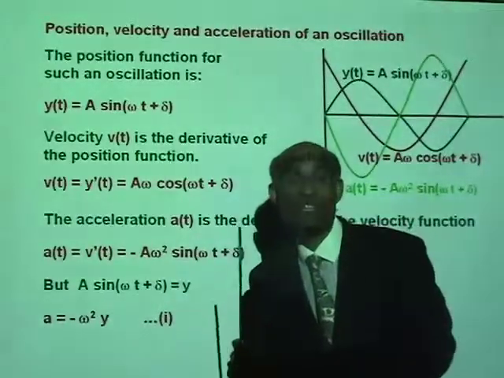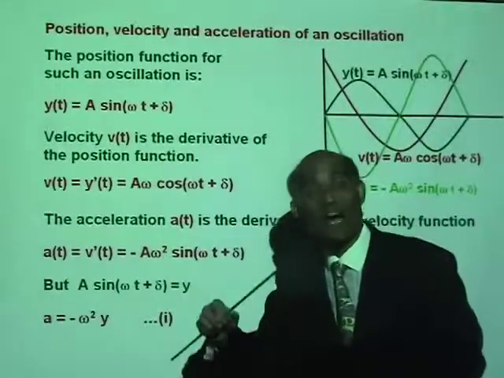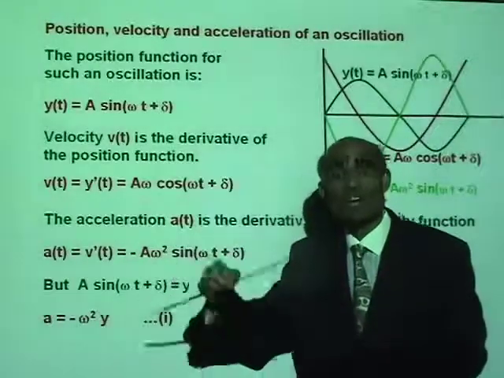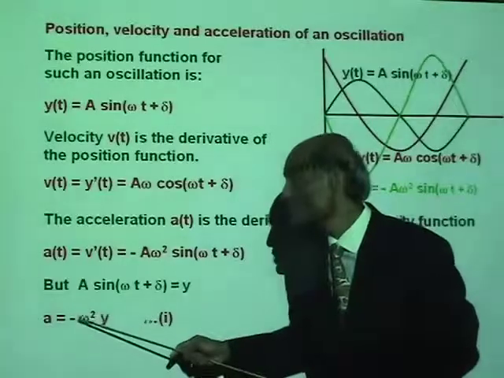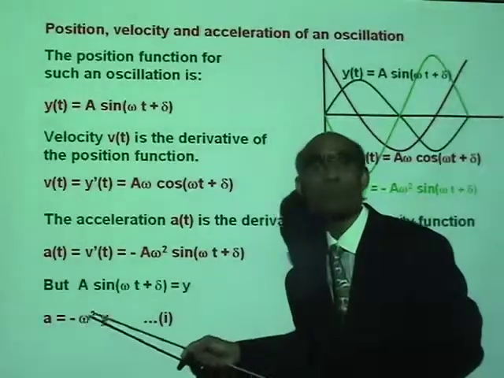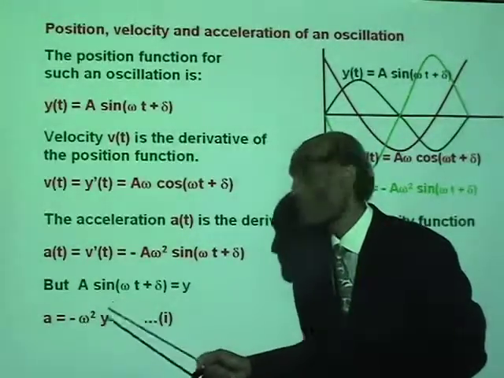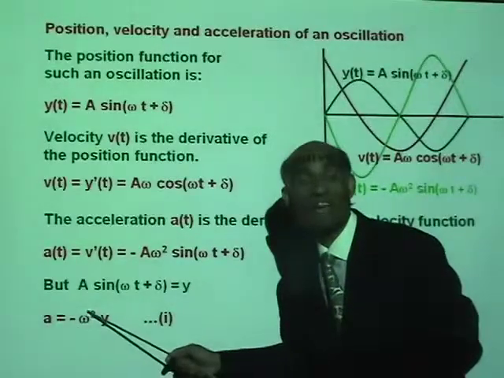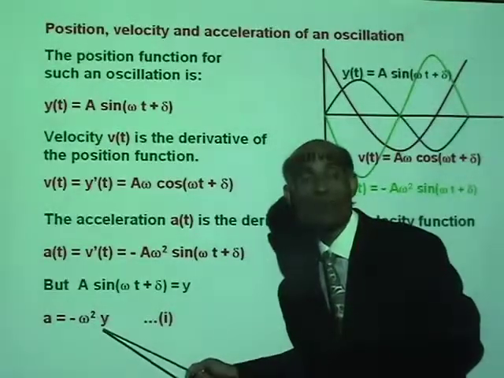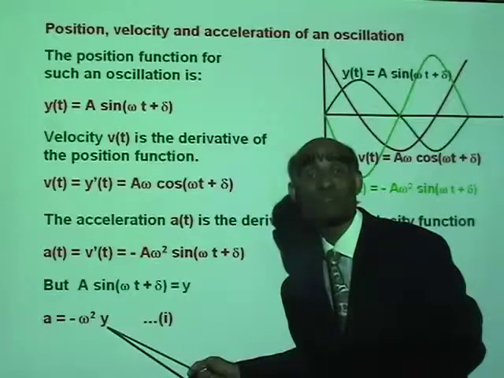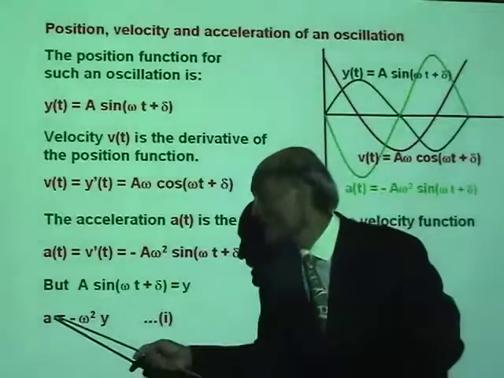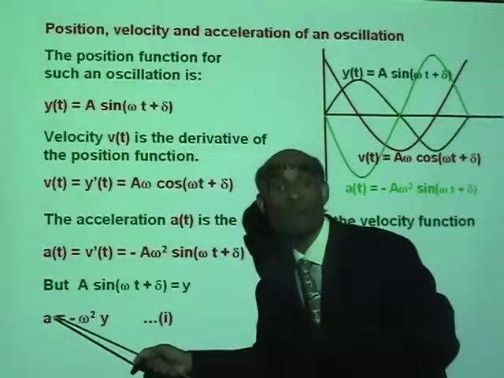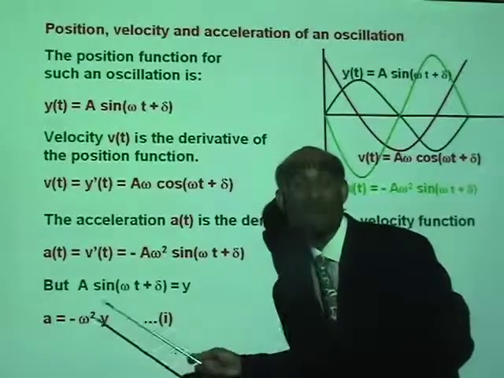The acceleration of an oscillation is negative omega squared y, where omega is the angular frequency and y is the displacement. Now look again. Acceleration becomes maximum when y is maximum.